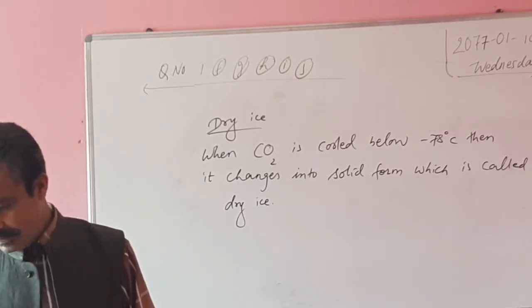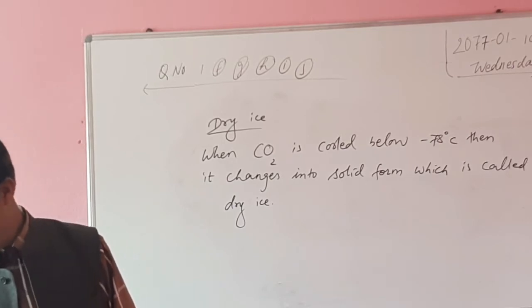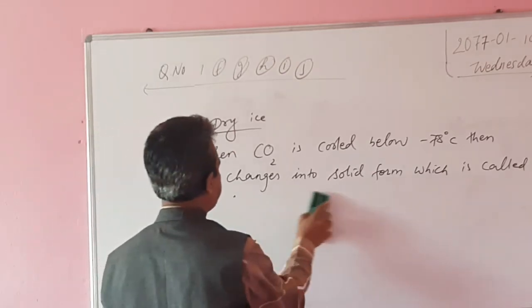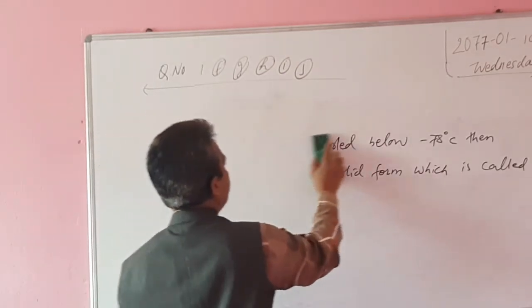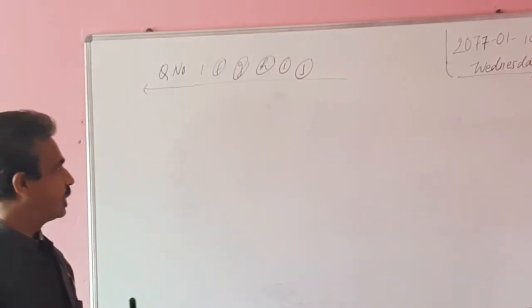Next question is, which gas is used to manufacture blueprint of maps? Blueprint of map and chemical nature.